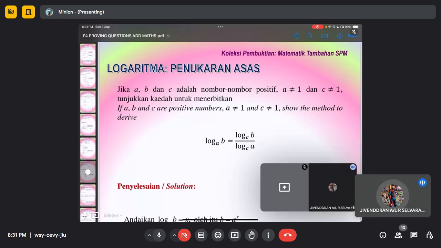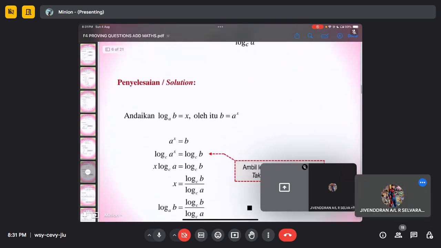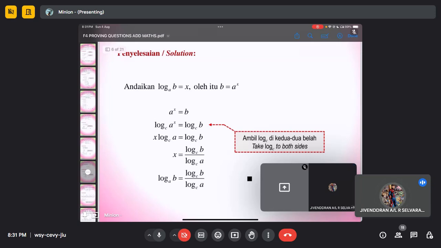So b will be equal to a power x, because we move the log to the other side, which is anti-log. When we move the log to the other side, the base will become the index, and the number after the equals will become the power.